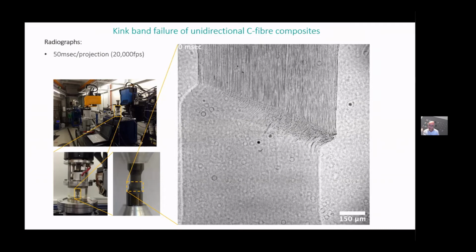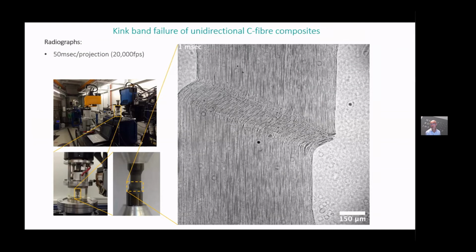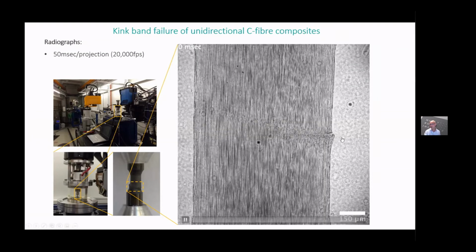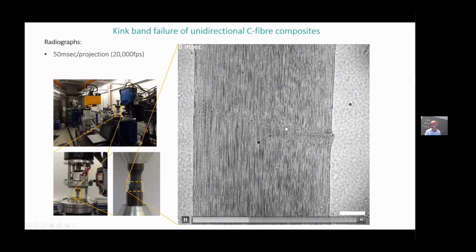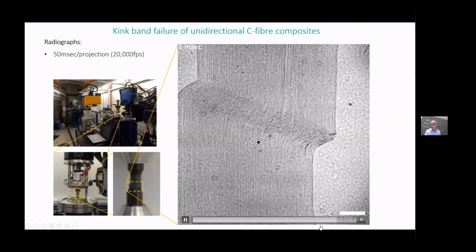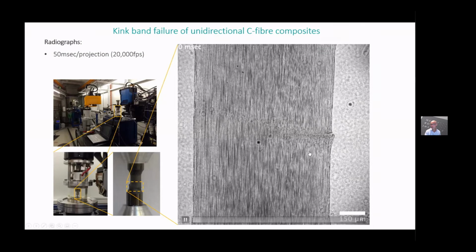One thing that is very clear is that the kink occurs over just a few frames, so over just a few microseconds, and so we get this should say 50 microseconds, not 50 milliseconds. So it's 50 microseconds per projection. So you can see that the kink band forms very, very quickly over just a few hundred microseconds, and you can see the broken fibers and the displaced fibers.